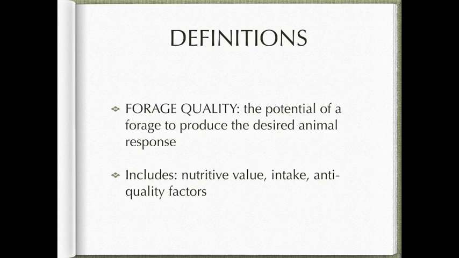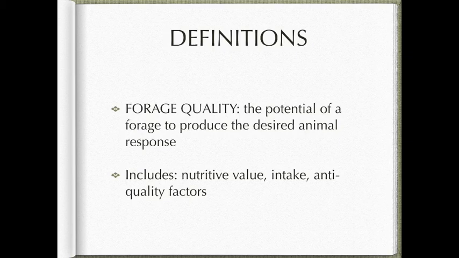And so forage quality for a dairy cow could be different than forage quality for an open sheep that is not gestating or lactating. And so forage quality can be a little bit vague, but what we need to understand is when we refer to it, we're talking about the potential of a forage to produce that animal response. And it includes several things.